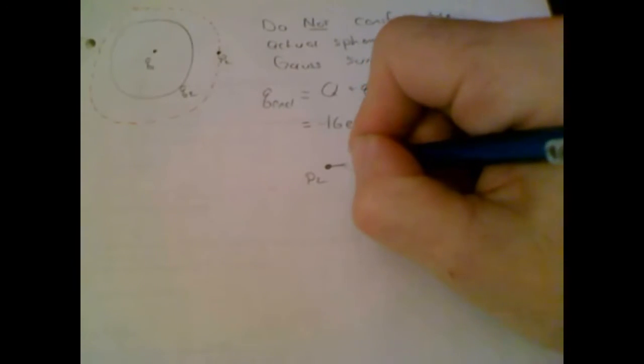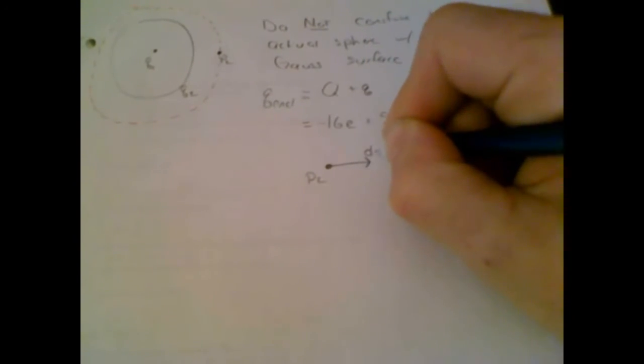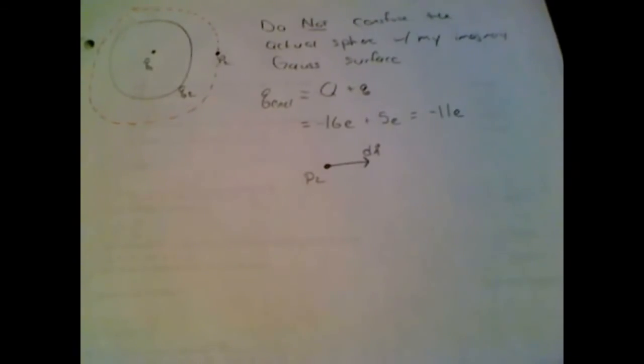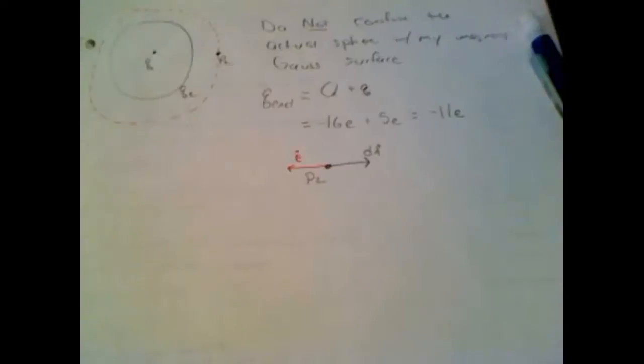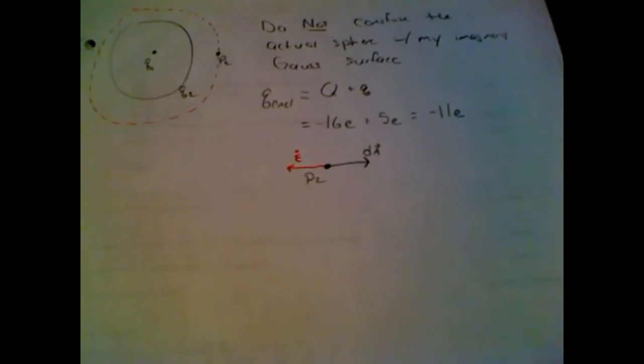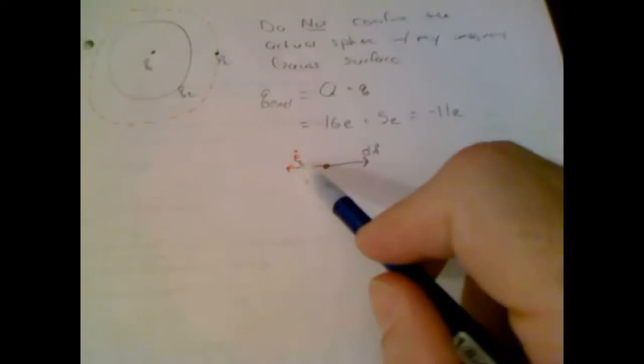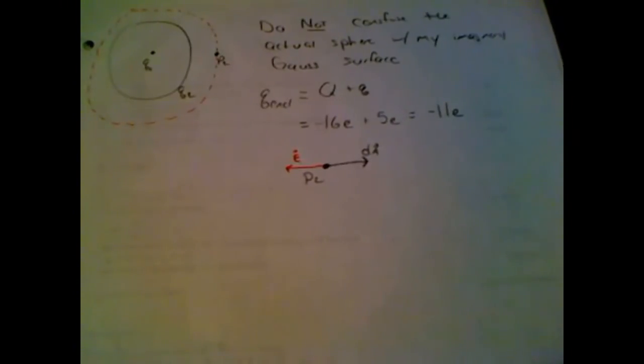If I were to draw what it looks like at point P2, here's my point, P2. Again, I've got my dA vector in that direction, but now I've got an electric field going in that direction because my electric field is negative. So we know electric field is the direction a positive test charge would act.